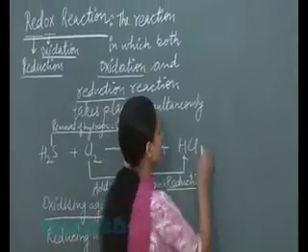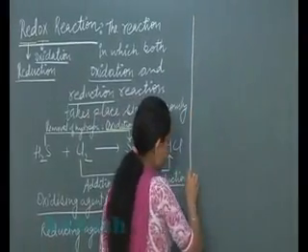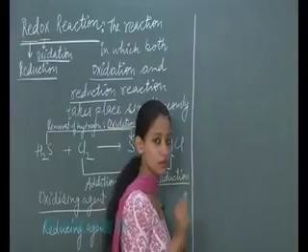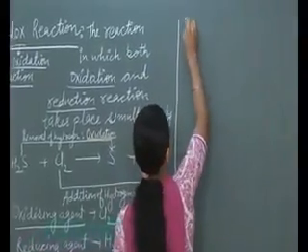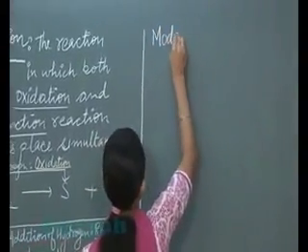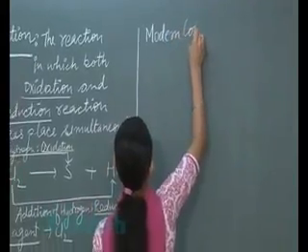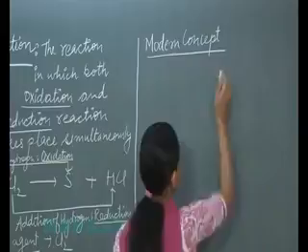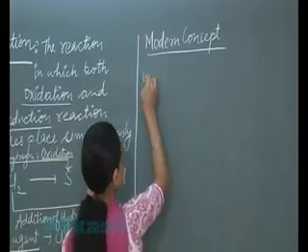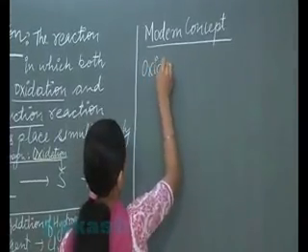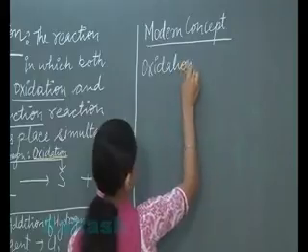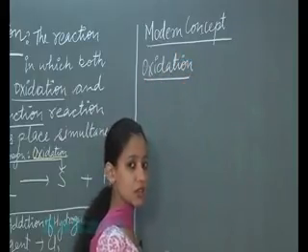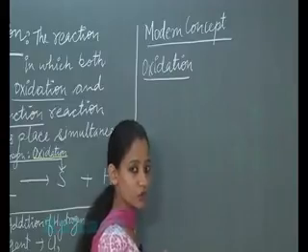Students, let us think one more thing. Now let us see what is oxidation and reduction in modern concept. So, what does our modern concept say? Students, according to the modern concept, what is oxidation? Let us see. According to the modern concept, oxidation reaction is the one in which loss of electrons occurs.